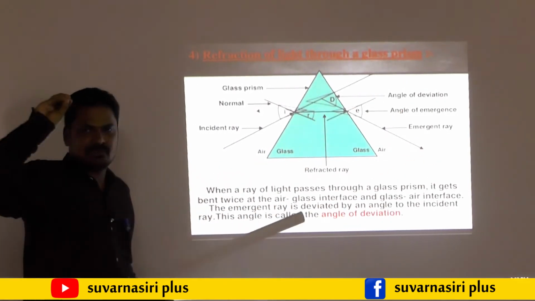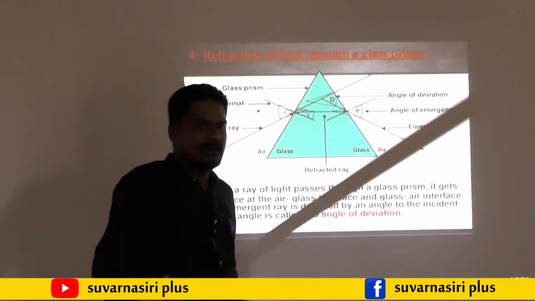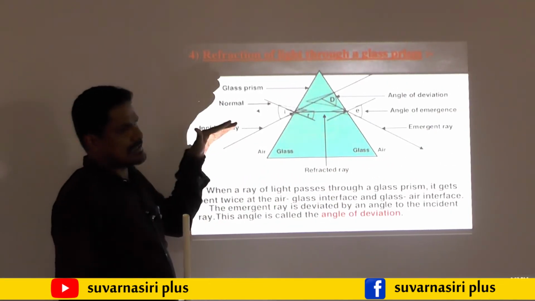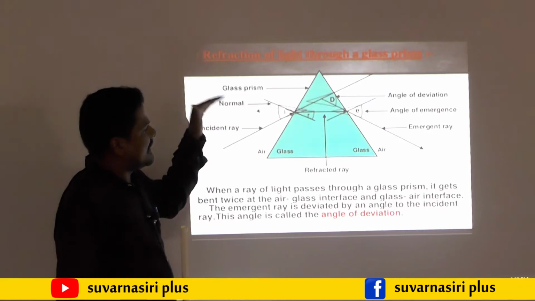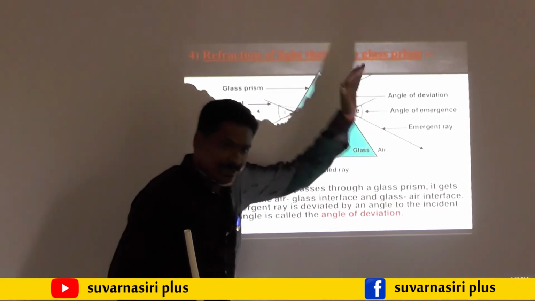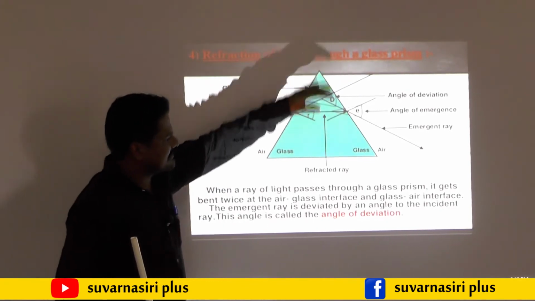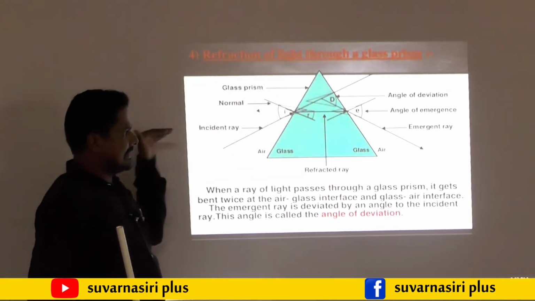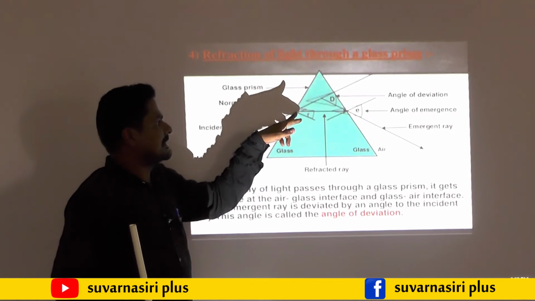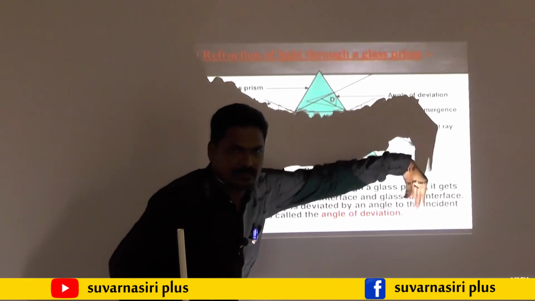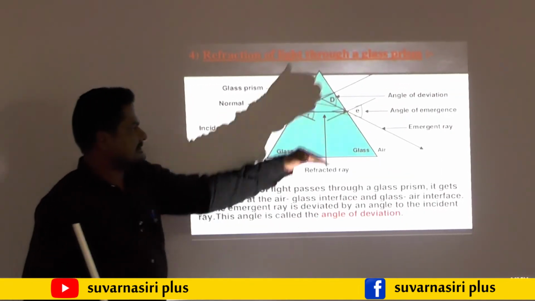Dear students, always keep in mind that when light travels through the prism and comes outside, it always bends towards the base only. This is the angle of prism and this is the base. So it is bending towards the base.